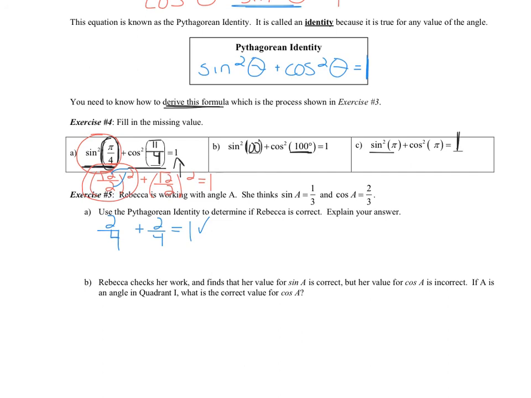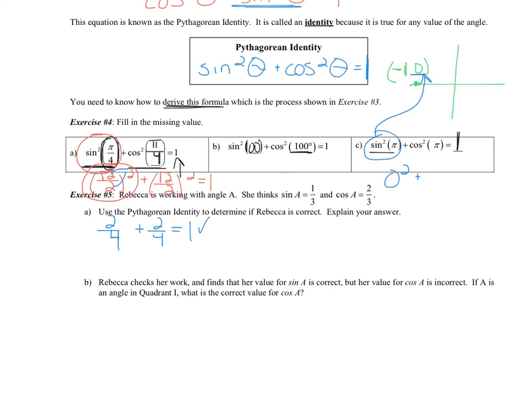Another quick example over here. If we think about the unit circle and we're over at pi, this point over here is (-1, 0). On the unit circle, I know that the sine value is the y of the point. So if I take the sine of pi, that's 0, so 0 squared.